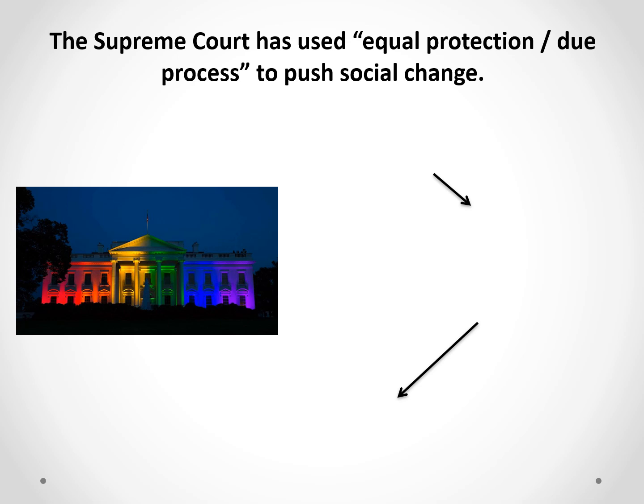So the Supreme Court has used equal protection and due process to push social change, most recently in the area of same-sex marriage. Okay, so take a look at how the Supreme Court has been at the cutting edge of this issue.